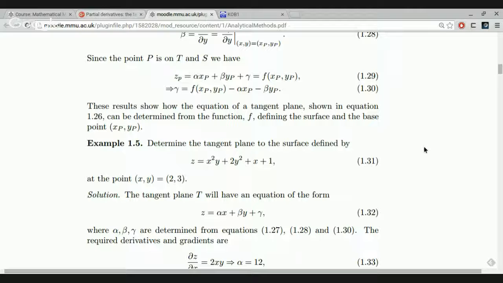So the solution, well, it's given in the notes, but I'll just write a little bit to talk through it. The tangent plane has equation, as all planes do in 3 dimensions, z equals alpha x plus beta y plus gamma. And we describe now how you obtain alpha, beta, and gamma from the function f and the base point information.